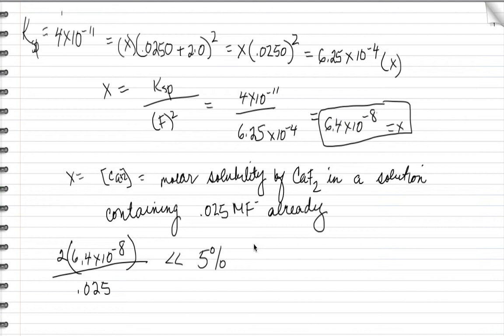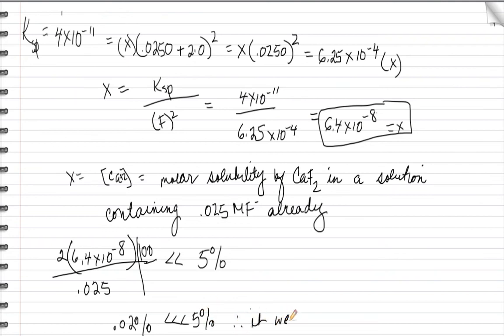Now, what I'm trying to do here is prove with this little less than 5% that I didn't need a quadratic. I can prove that if that number, 2 times 6.4 times 10 to the negative 8th, that's 2x, and that's the number I was ignoring with respect to the 0.025.